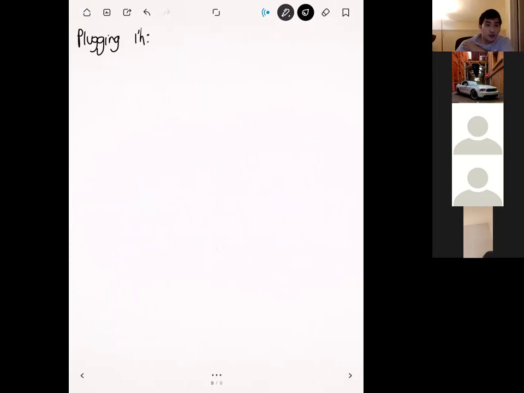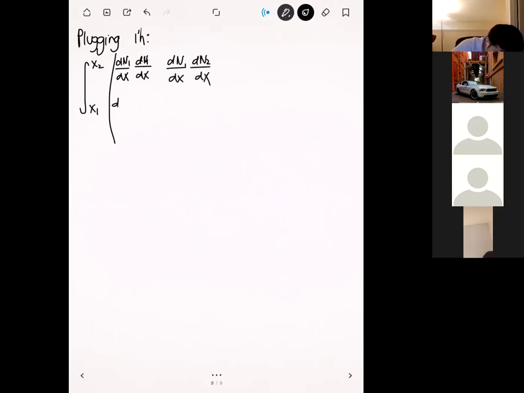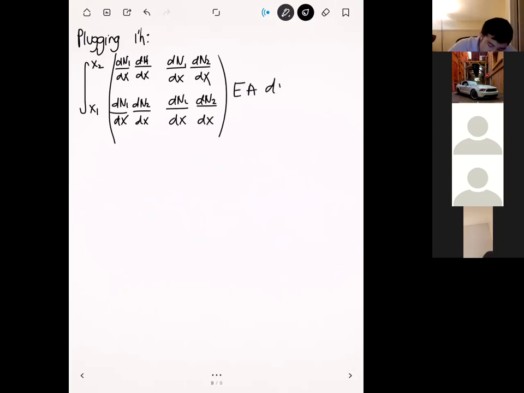We know that our element stiffness matrix is going to be the integral from x1 to x2 of the matrix of dN1/dx dN1/dx, dN1/dx dN2/dx, dN1/dx dN2/dx, dN2/dx dN2/dx, times E times A dx.